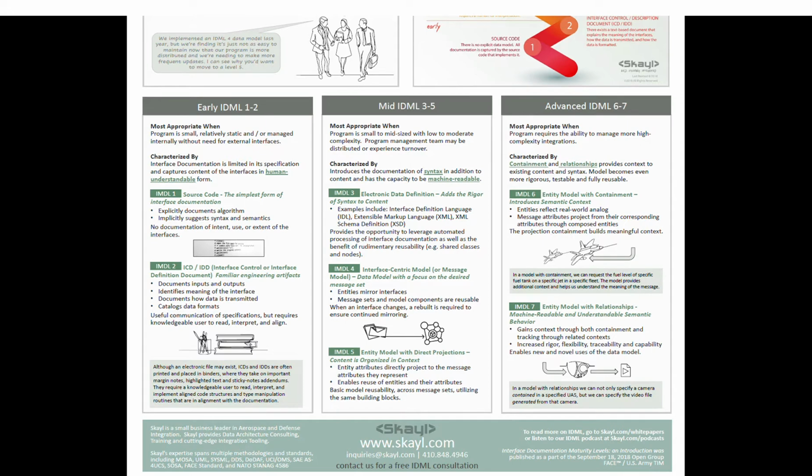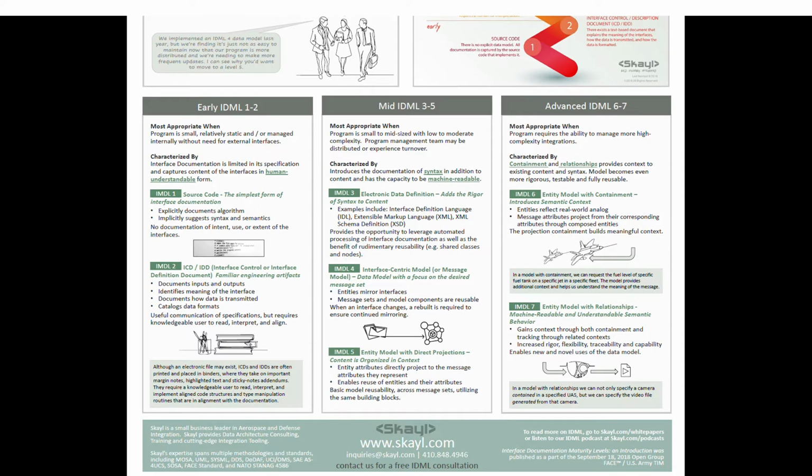It captures the content of the interfaces in a human understandable form. Although source code, which we talk about in IDML 1, is certainly machine readable, there's no machine readable syntax or semantic meaning. So in order to understand the interface documentation, we need a human.